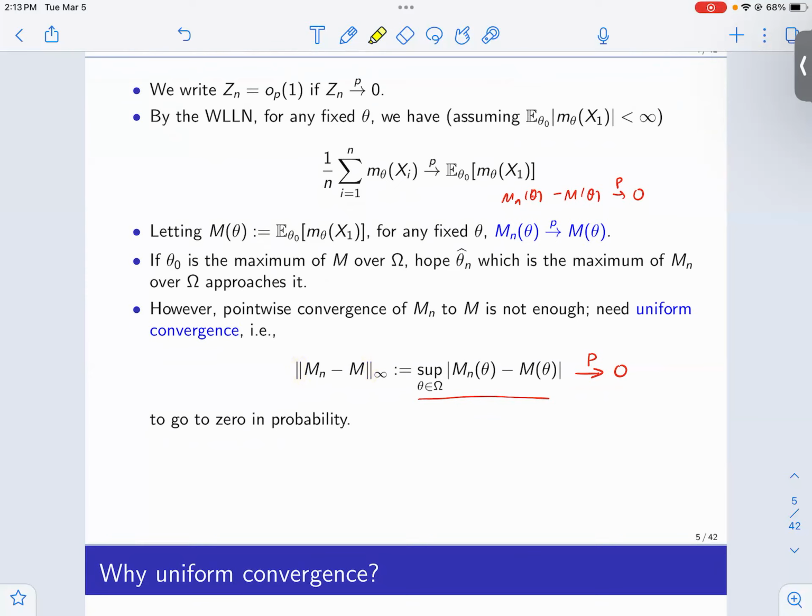This notation is very often used in analysis. Generally, the sup norm of a function is the maximum over the domain of f(x). And so if the sup norm of the deviation converges to zero in probability, then we're done. Okay.